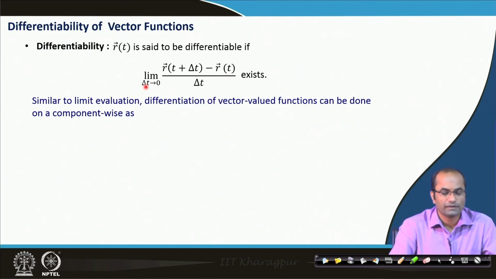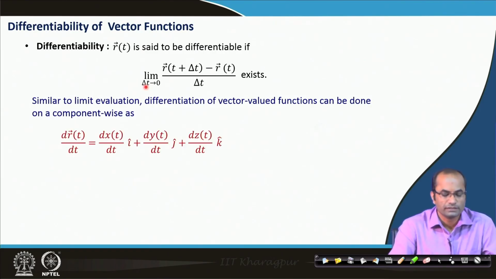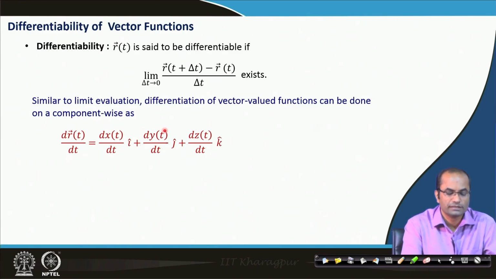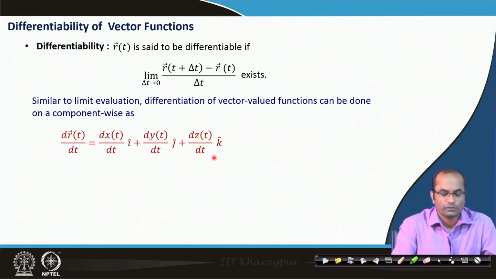Similar to the limit evaluation, differentiation of a vector valued function can also be done component wise. That means we can have the derivative of the vector function as the derivative of the x component plus the derivative of the y component and the derivative of the z component.